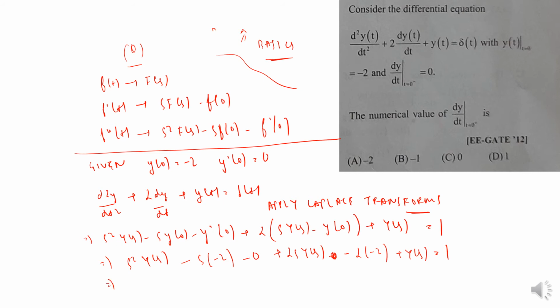Now we solve this further. S square into y of s plus 2s plus 2s y of s plus 4 plus y of s is equal to 1.